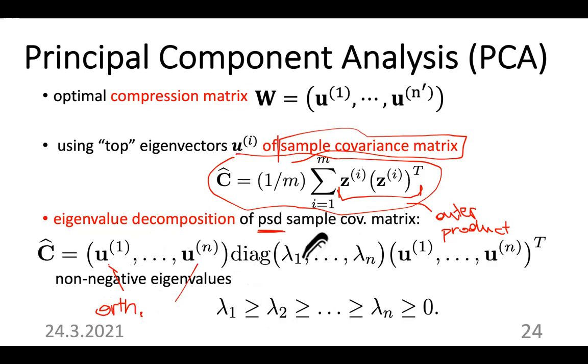We typically like to order them in non-increasing order. So lambda 1 is the largest one, then we have the second largest one, and then the smallest one, lambda n. Some of them might be equal, so some might have the same value, but we still can find different orthonormal eigenvectors for them. This here is maybe the most mathematically involved part from my lectures.